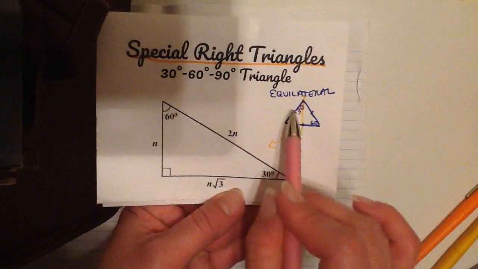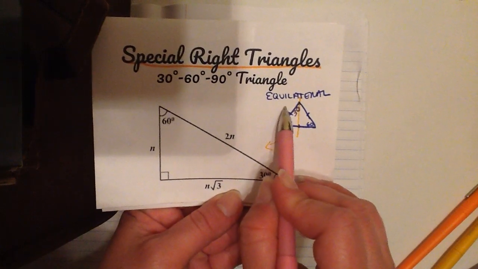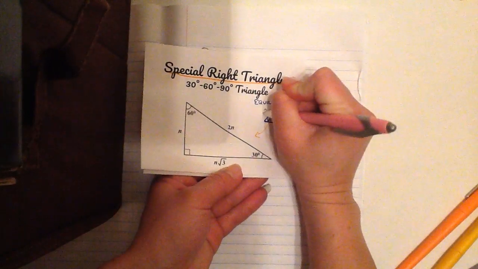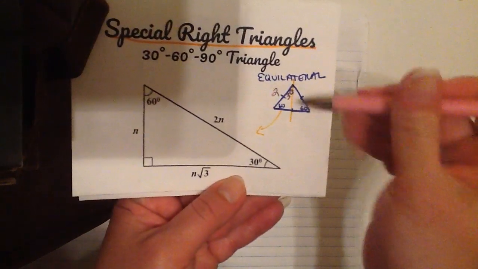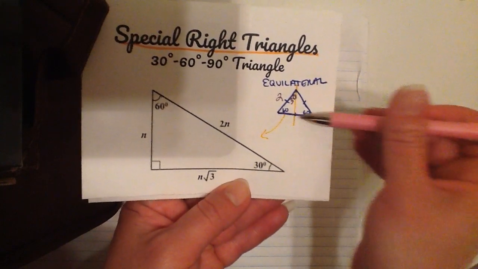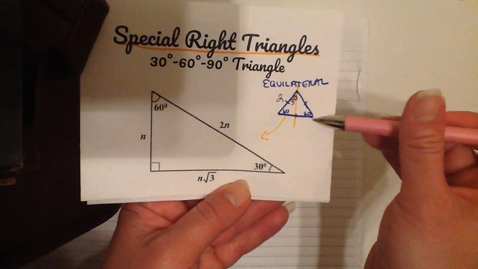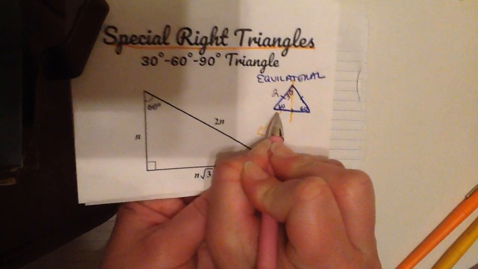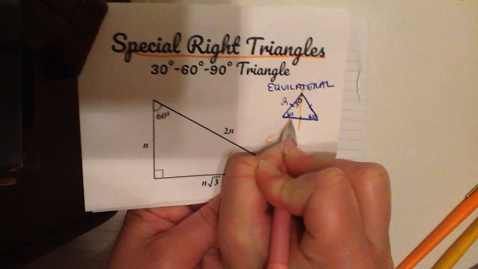Okay, so I'm going to give this side here a length of 2. Now since this yellow line is bisecting this side of the equilateral triangle, which is 2, that means from here to here, this is 1.